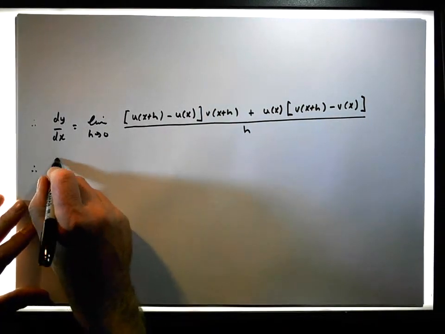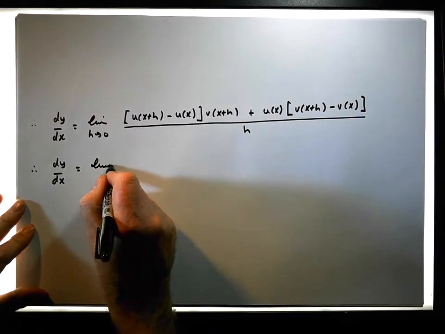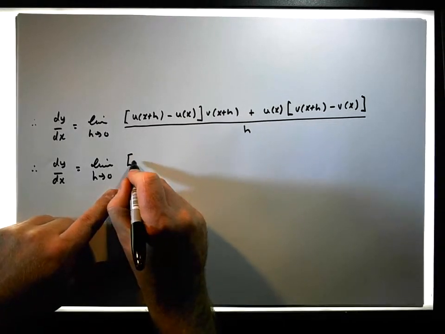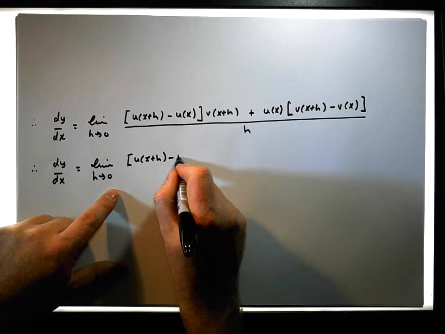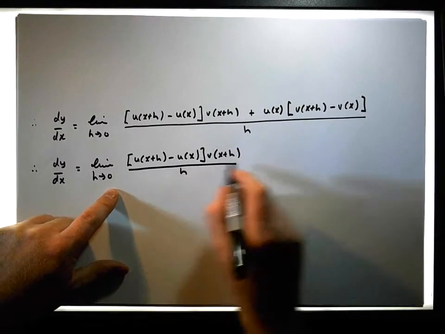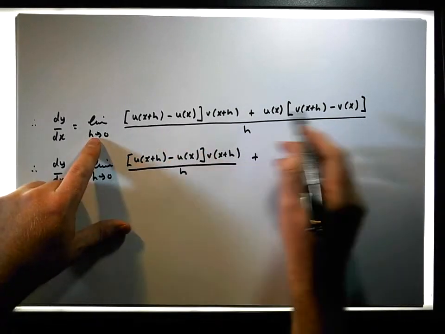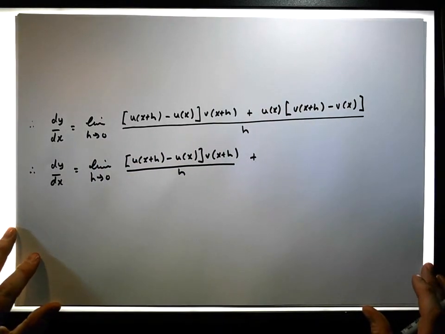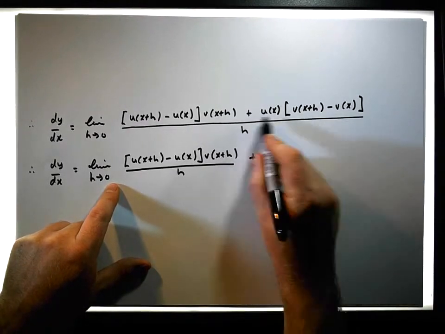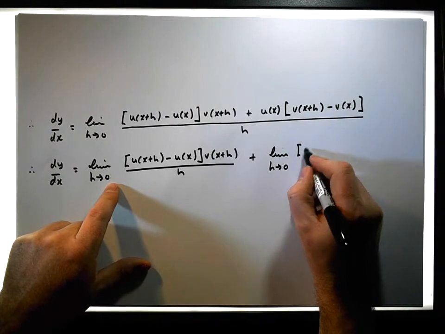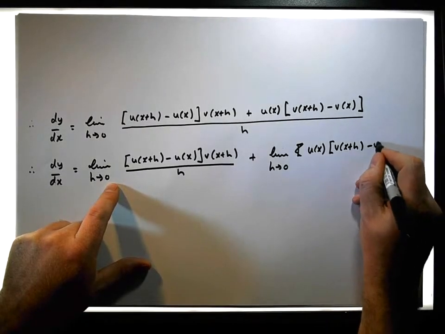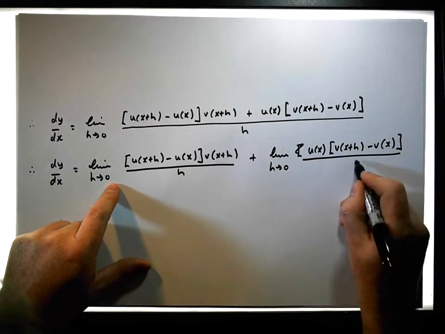Therefore dy dx is equal to the limit as h tends to 0 of u of x plus h minus u of x times v of x plus h, all divided by h, plus the limit of u of x times v of x plus h minus v of x, all over h. The limit of a plus b, when they're differentiable, is the same as the limit of a plus the limit of b.